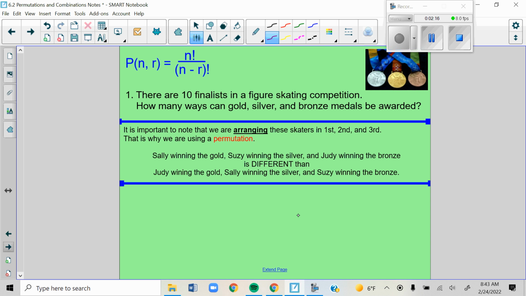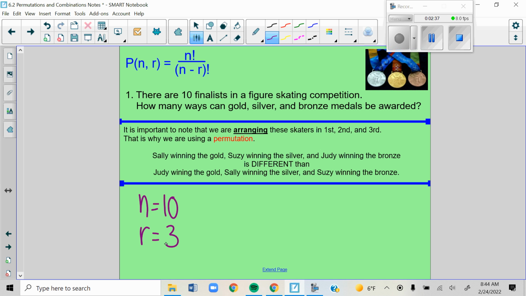All right, so let's look at our first example here. It says, there are 10 finalists in a figure skating competition. How many ways can gold, silver, and bronze medals be awarded? All right, so we have 10 people total, so that's our n. And we are choosing 3 of them, bronze, gold, and silver. So that's our r.